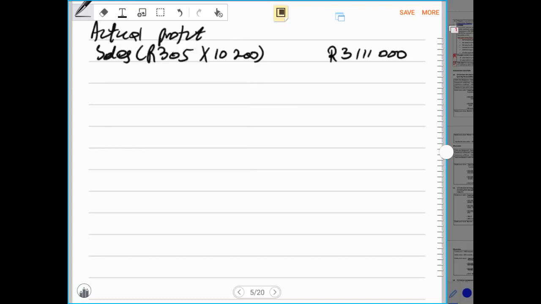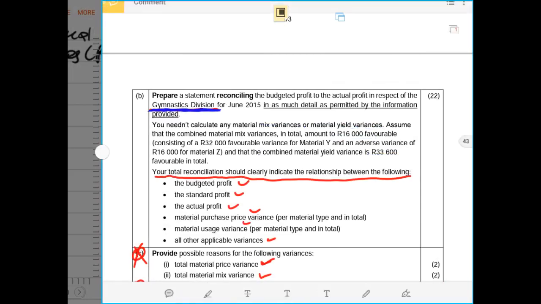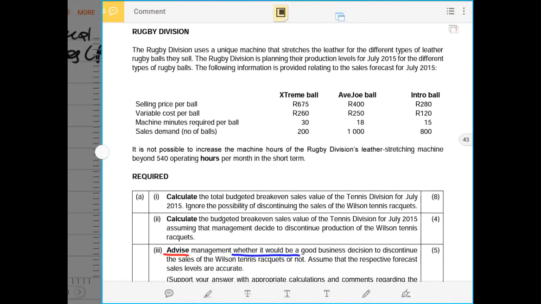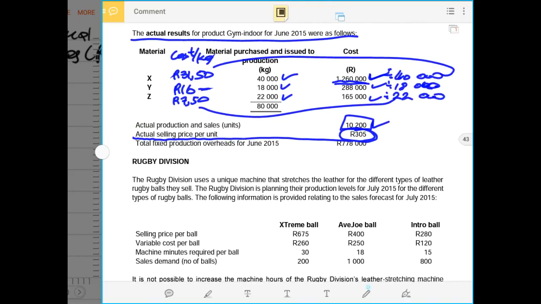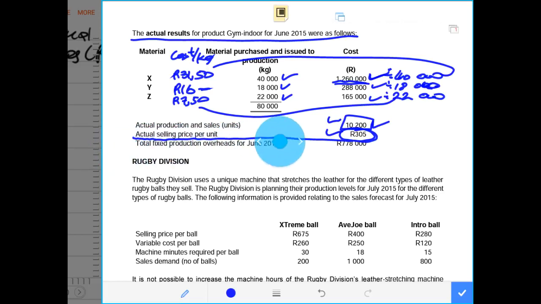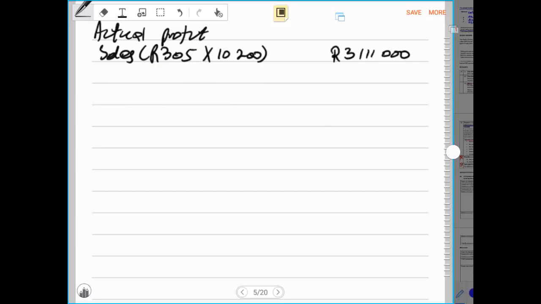That will be the sales. Remember, the actual selling price was 305 and the actual units sold were 10,200. We multiply the actual with the actual in this case because we are doing actual profit.